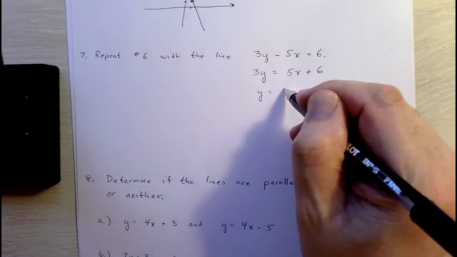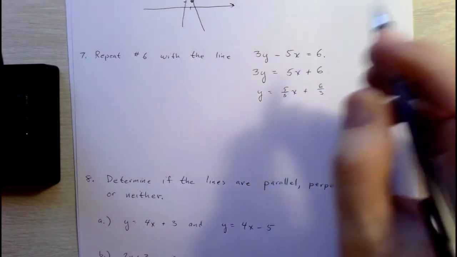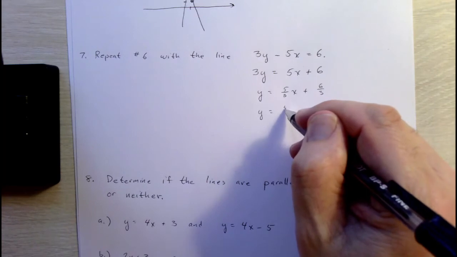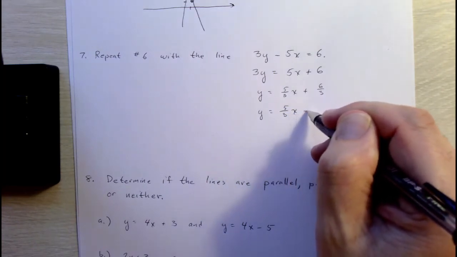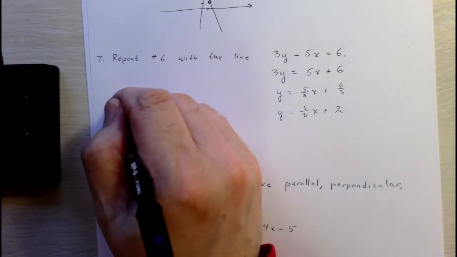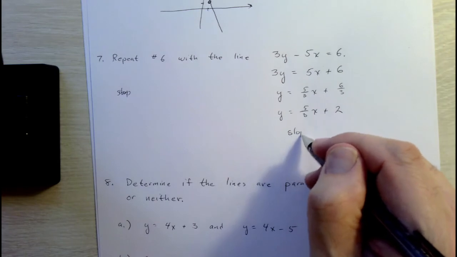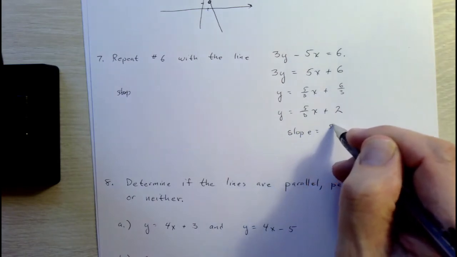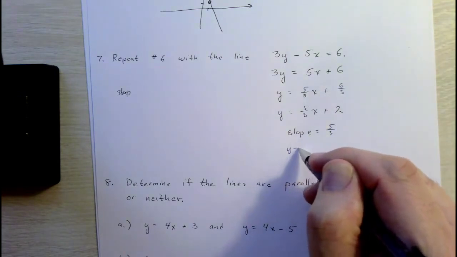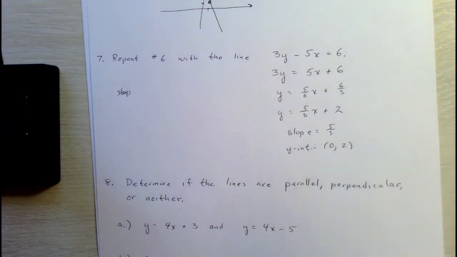So y is going to be 5/3 x plus 6/3, or y equals 5/3 x plus 2. So our slope is 5/3. Our y-intercept will be 0, 2 in this case.